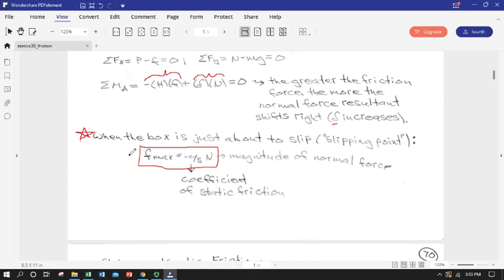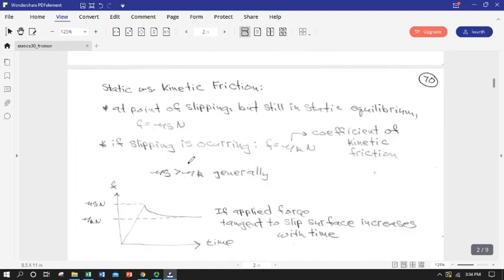You're going to have to hear the word slip and some kind of language that indicates you're right at the edge where something is ready to move. Before that, if you're not at that point, you can't apply this relationship. But typically friction problems involve what do we have to do to not make something move, so generally it will apply. But remember that it has to be at that point.